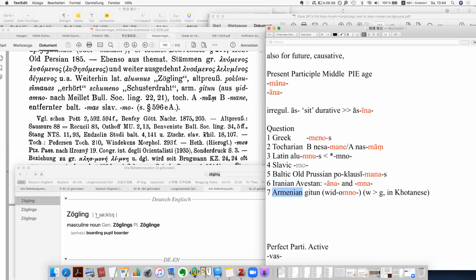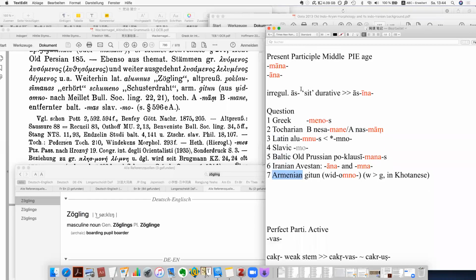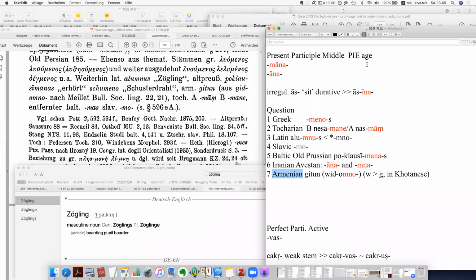Okay. And then, since they are attested in so many languages, we can reconstruct and explain, and with the reconstruction, we would probably be able to explain the forms in Sanskrit, right?